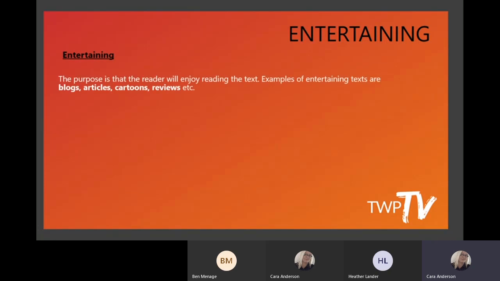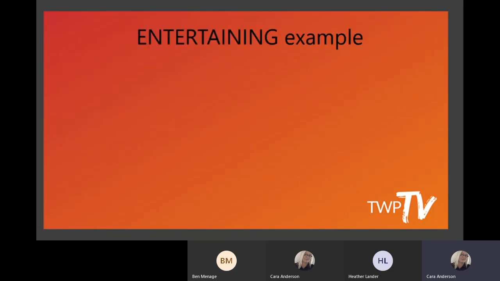Like I said, it's very unlikely that you're going to get something entertaining in your exam, but you never know. So the purpose is that the reader will enjoy reading the text. Examples of this could be a blog, an article, a cartoon, or maybe a review of something. The features of that are going to be funny anecdotes and funny comments, and some cliches.